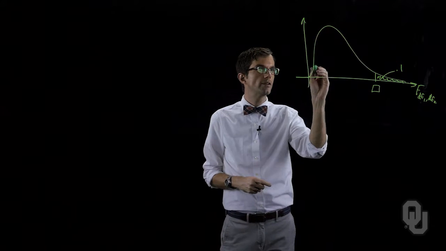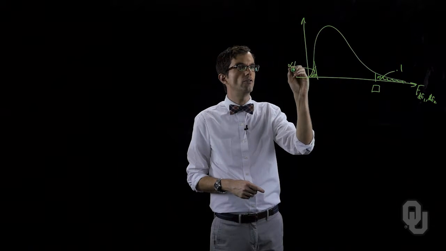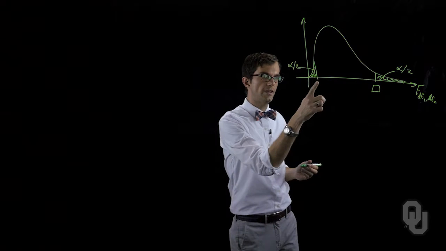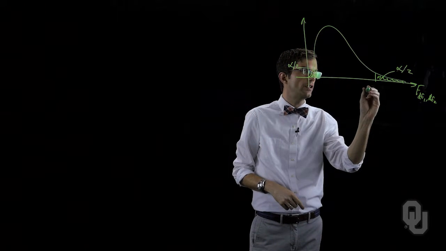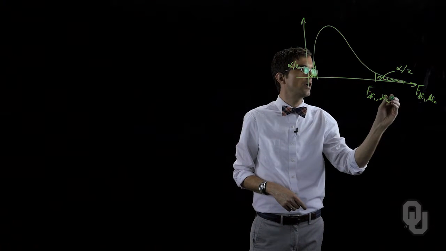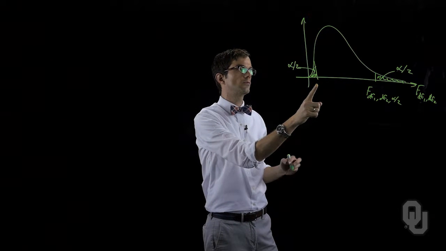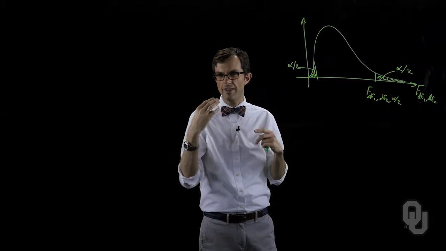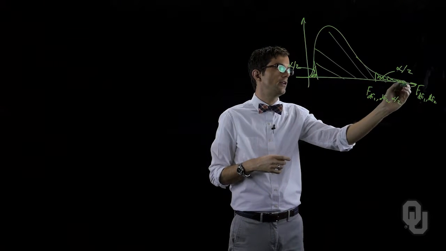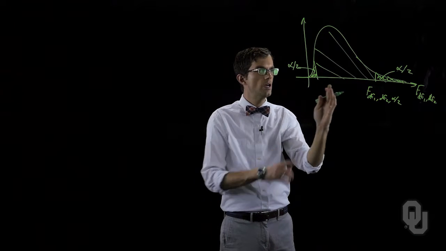If we want this area down here, let's call it alpha over 2, just in general. We want this value down here, which we refer to as F of degrees of freedom 1, degrees of freedom 2 for alpha over 2 in the upper tail. Let's say we want this value down here as well. We have to think back to the chi-square distribution, where up here is the upper tail.